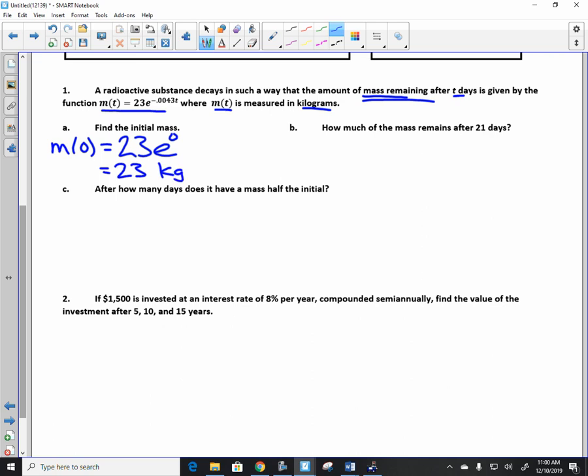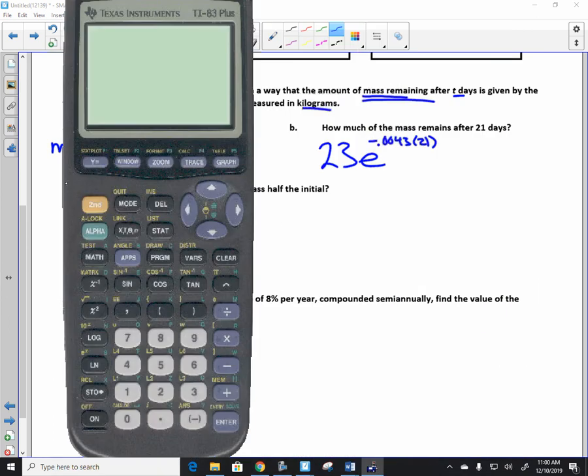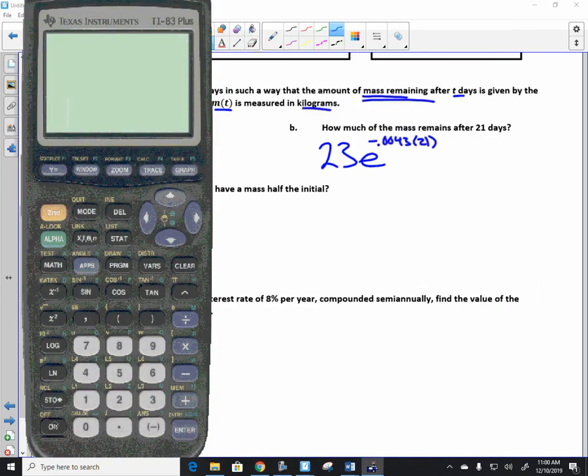If I wanted to determine how much of the mass remains after 21 days, what would I do then? Plug in 21. Very good. 23 times e raised to the negative 0.0043 times 21. 23, and then where do I find the e?